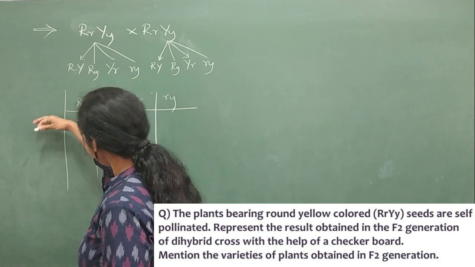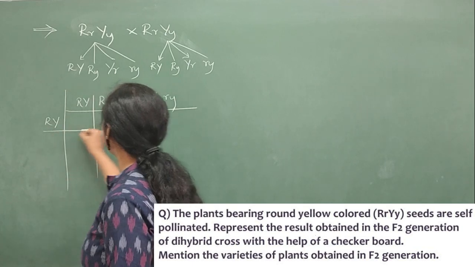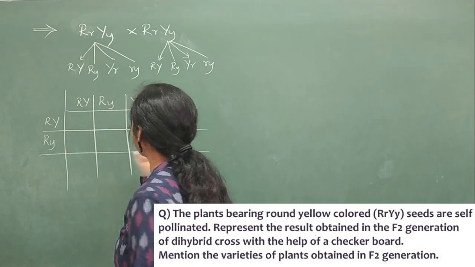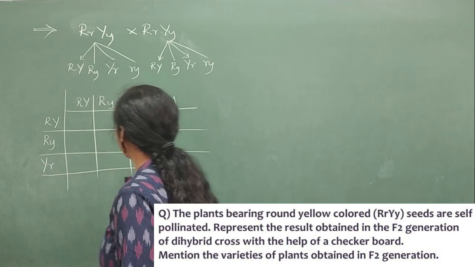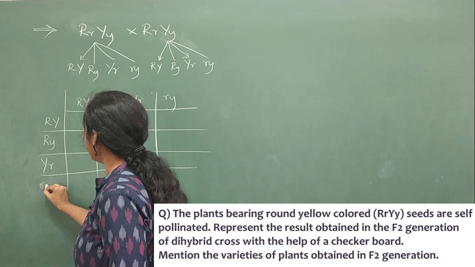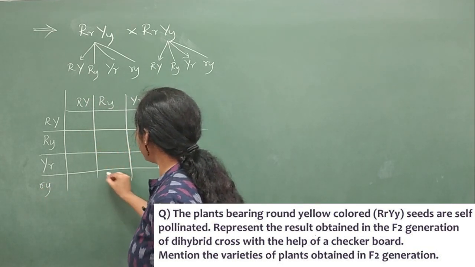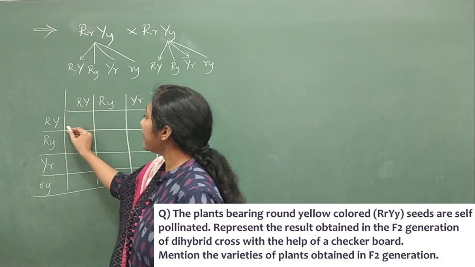The same thing, this way. So capital R, capital Y, and then capital R, small y, capital Y, small r, and then small r, small y, isn't it? So these are the different gametes, and now combine them.